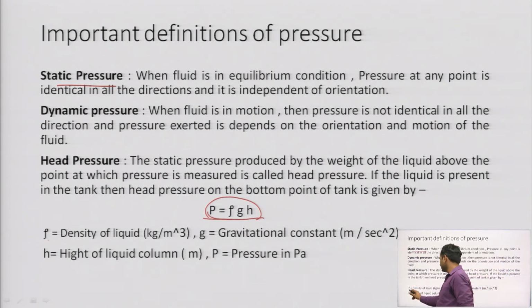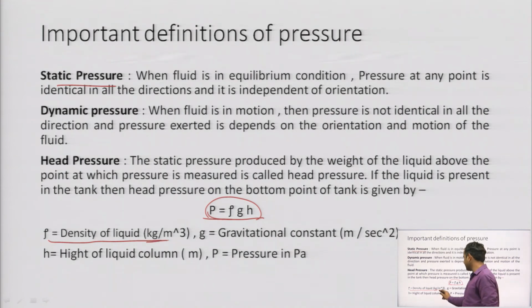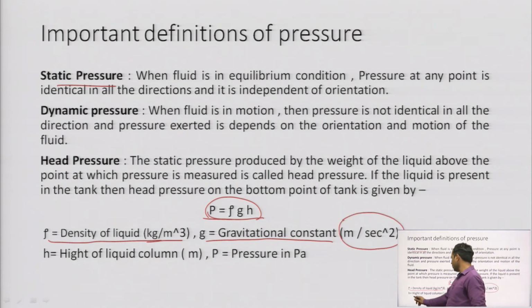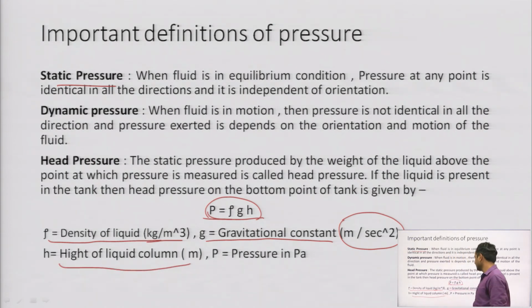Here, rho is the density of the liquid in kg per meter cube, g is the gravitational constant in meter per second square, h is the height of the liquid column, and P is the pressure in Pascal.